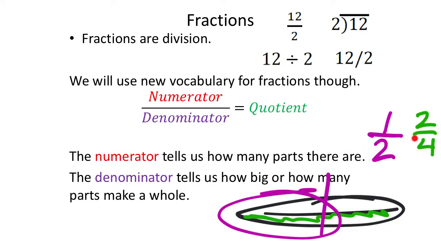Or if you see 4 as a denominator, you can say that you're dealing with quarters, right? So you can have 1/2 or 2 quarters. It's the same amount, okay? So the denominator tells us how big those pieces are. That's what I'm saying about the halves and quarters. Or how many parts or pieces would make up a whole if you combine them all. So if I took your 2/4 and my 1/2 or 2/4, it would give us 4 out of 4 pieces, which gives us a whole sandwich.